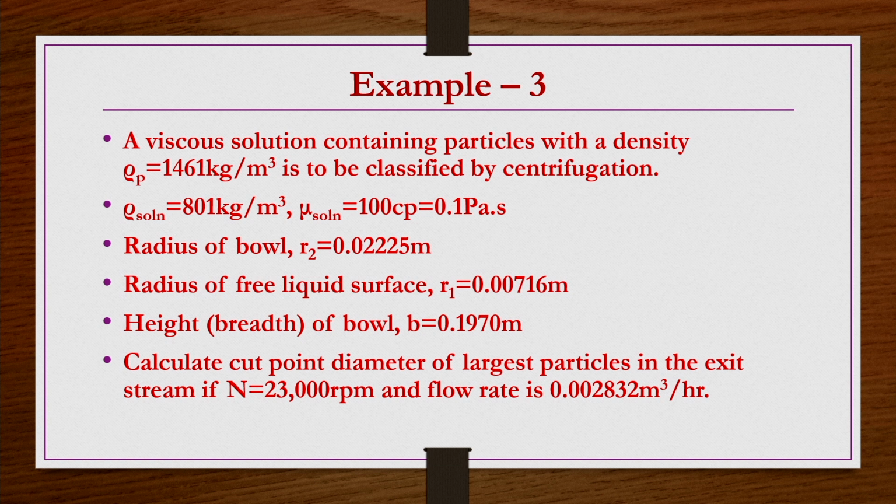Calculate the cut diameter if the flow rate is 0.002832 meter cube per hour and the rotational speed is 23,000 rpm. So it is the other side of the previous problem. In the previous problem dPc was given and we calculated the flow rate. Now we have to calculate dPc and the flow rate is given.